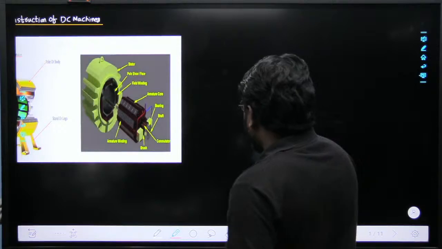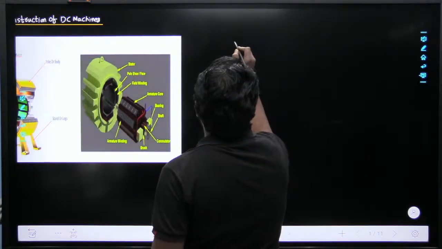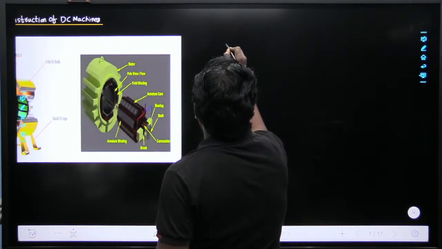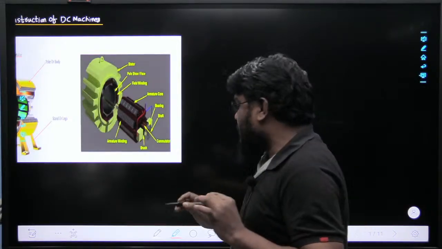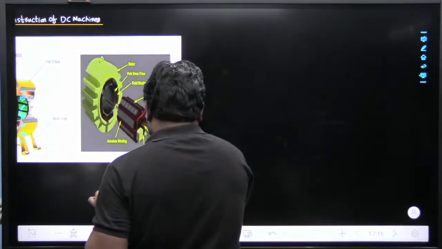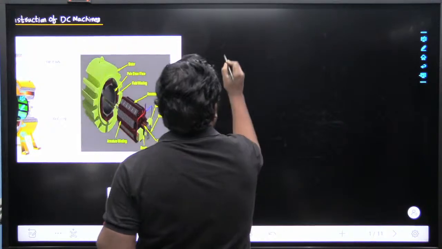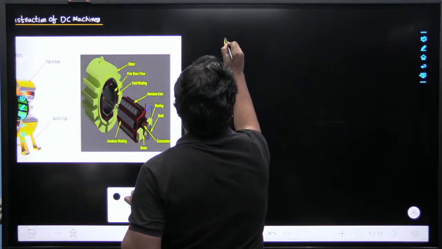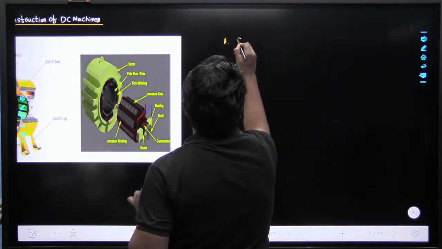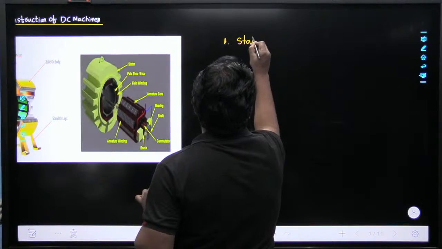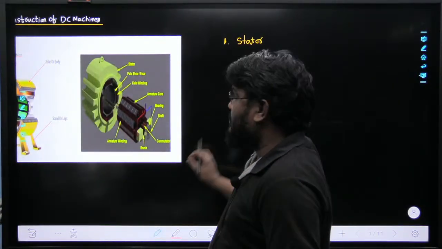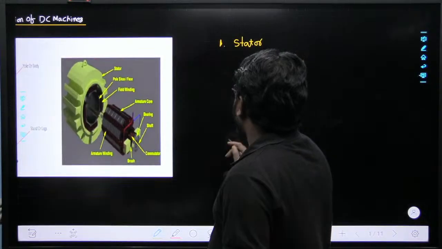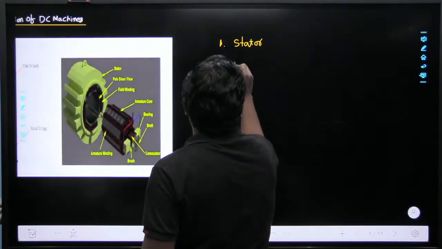Any rotating electrical machine has two major parts. So one is the stator, the stator part of the machine, and the second one is the rotor of the machine.